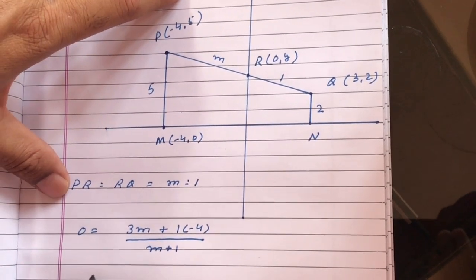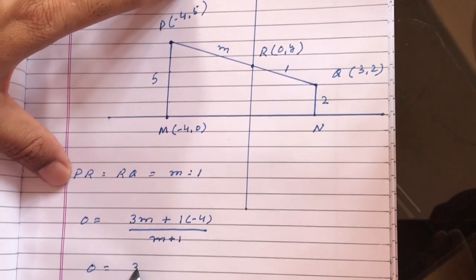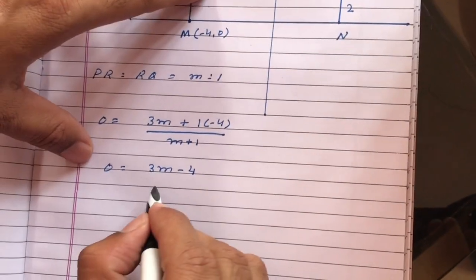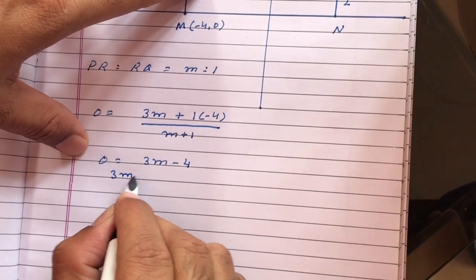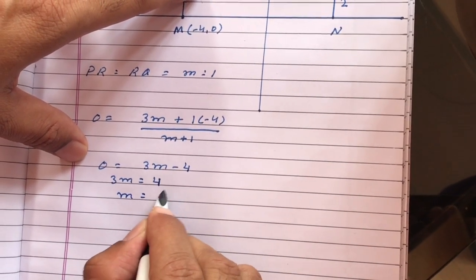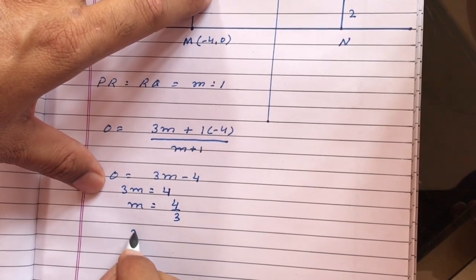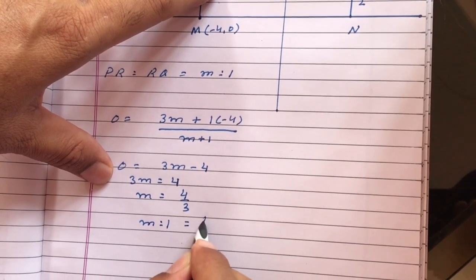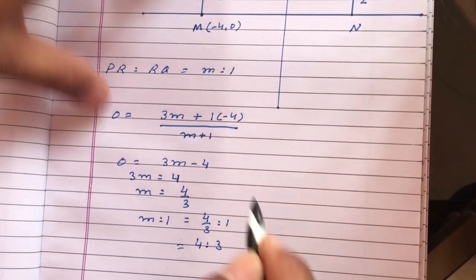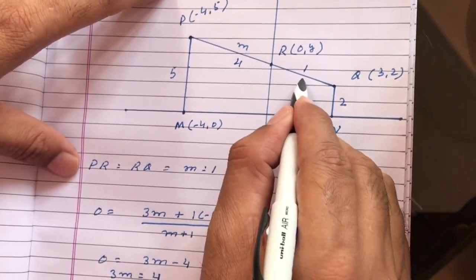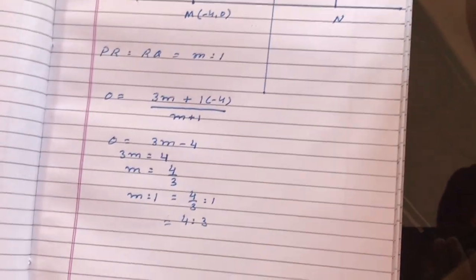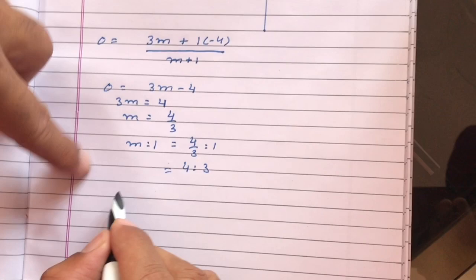So I cross multiply. 0 is equal to 3m - 4, or 3m is equal to 4. m is equal to 4 by 3. The ratio m is to 1 is 4 by 3 ratio 1, or 4 ratio 3. So this ratio is 4 ratio 3.